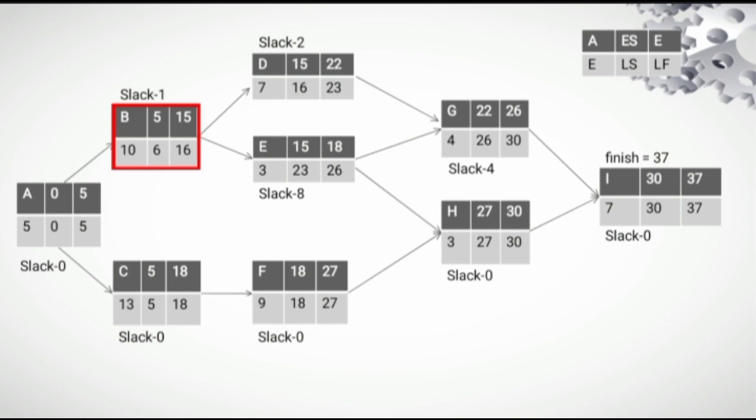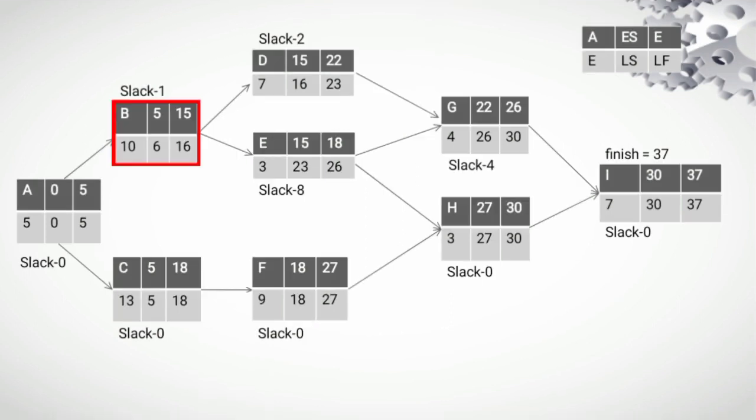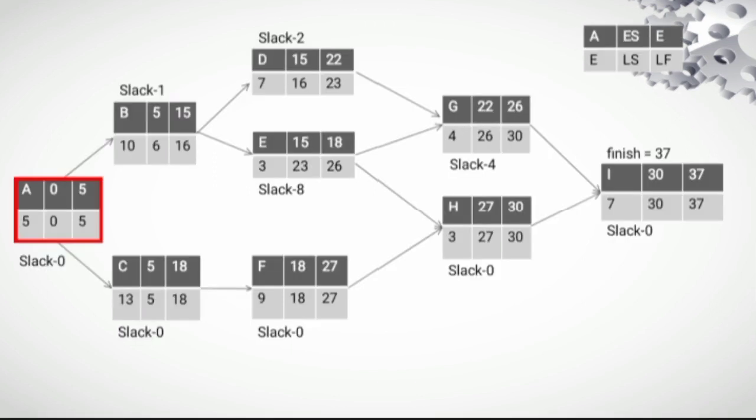B has two successors, D and E, with LS times of 16 and 23. Since D has the minimum time to start, the LF of B is 16, minus 10 equals 6. A has two successors, B and C, and C has the minimum LS time, so the LF time of A is 5 and its LS time is 0, since 5 minus 5 equals 0.